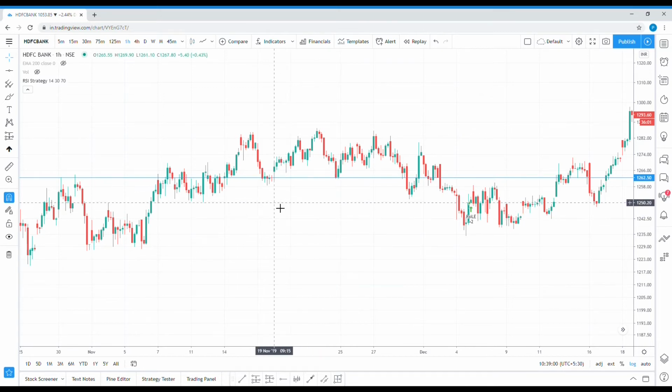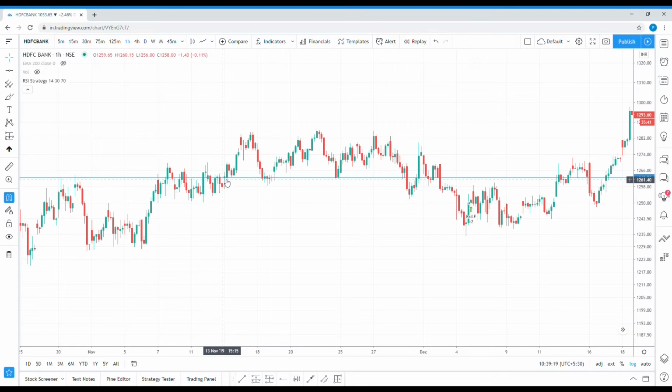So how can you use this support line? Let's suppose the price went from here to here, then came down, then went up again from here. So we had this one support here, and then we have a confirmation of the previous support.